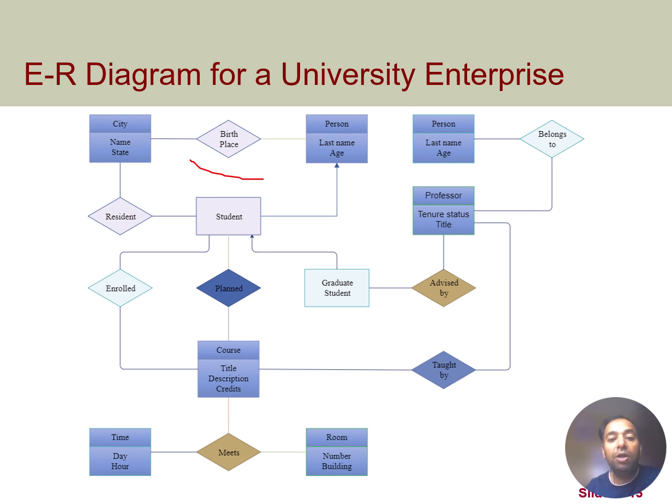Next is belongs to. Connects professor to person, could imply inheritance or an organizational relationship. Next we have resident. Connects student to city. Student resides in a city, likely current residence. Enrolled or planned.